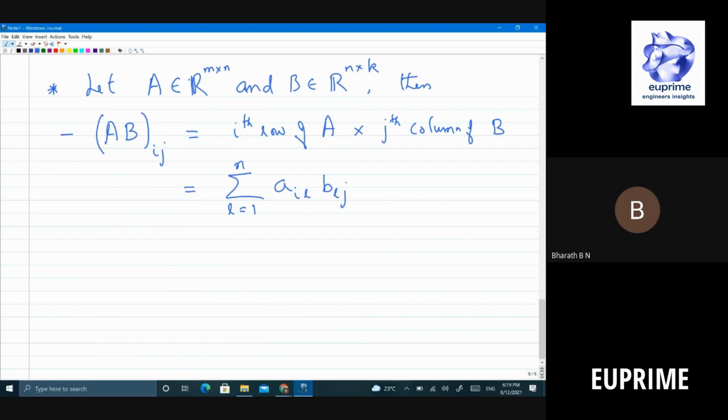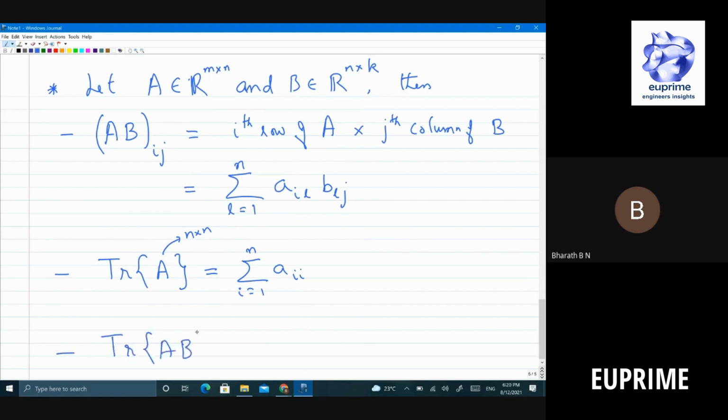Now, this is the first one. Suppose I look at the trace of a matrix A. It is the sum of the diagonals. Of course, this should be n cross n, otherwise the trace is undefined. So this is summation i equal to 1 to n of A_ii. I look at the diagonal entries and add them, and I get the trace of A. Now let's look at the trace of AB.